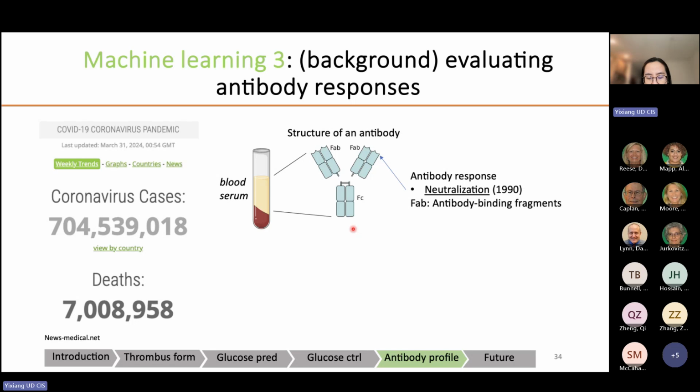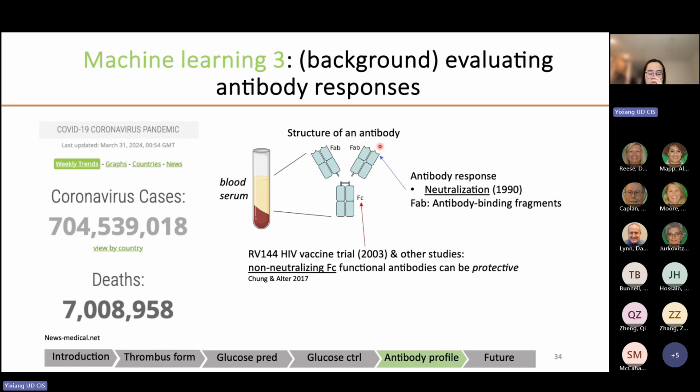Typically, when we measure antibody potency or functionality, we focus on an assay called neutralization, which only analyzes the antibody binding fragment, the Fab region denoted here. However, some recent studies have shown that the tip part of the antibody, which is called the non-neutralizing Fc function, can also be protective in some HIV clinical trials.